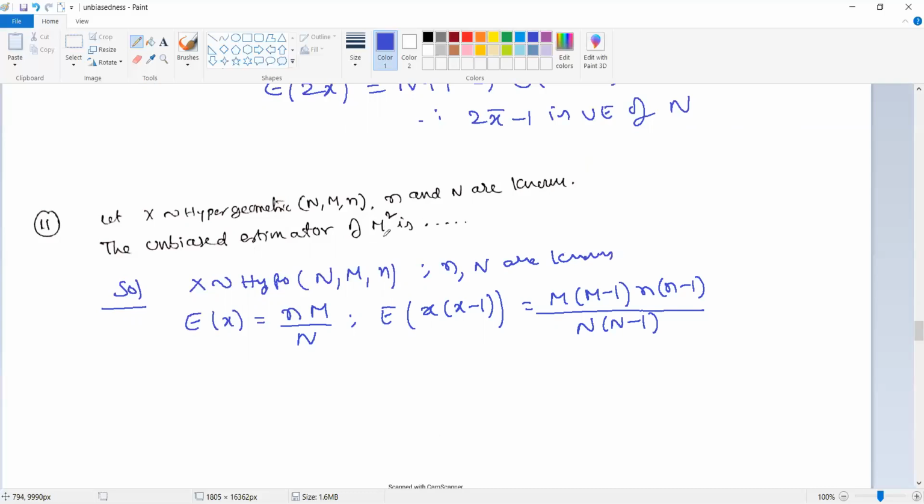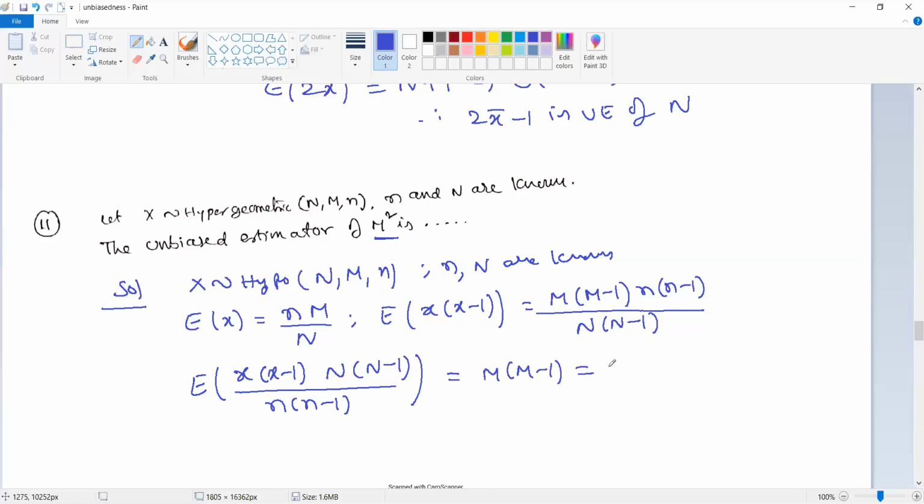Here we have to find the unbiased estimator of M square. For this, we have to identify the suitable function of sample observations. By cross multiplication, for X into (X minus 1), capital N is a constant, already known value. So bringing it to the left side by dividing by small n into (small n minus 1), we get M into (M minus 1).